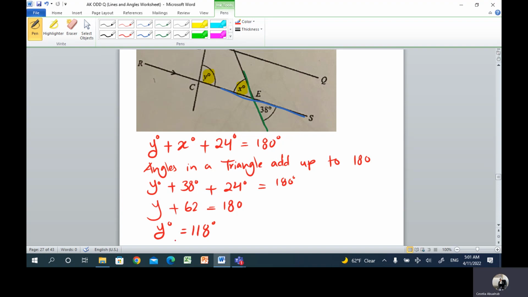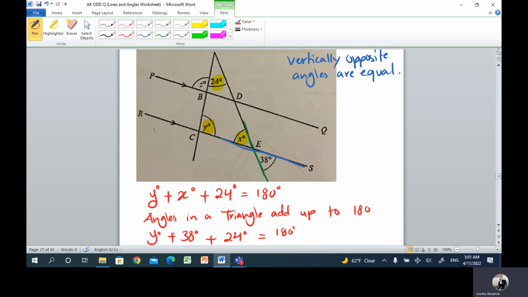Okay. So we found x, we found y, and now we are going to find z. So if this is z, then this one here is z, right? Vertically opposite angles, okay? And this is the parallel line.